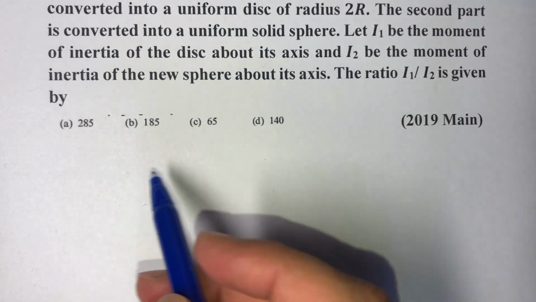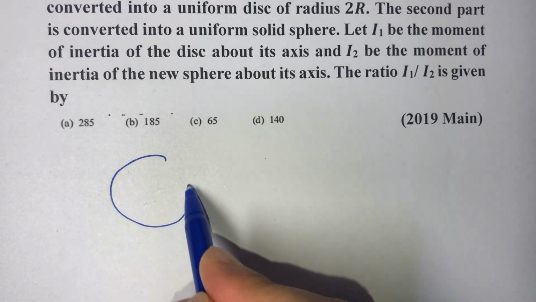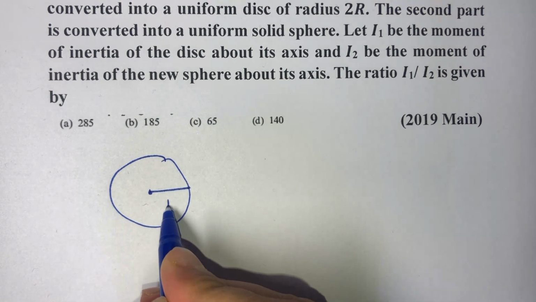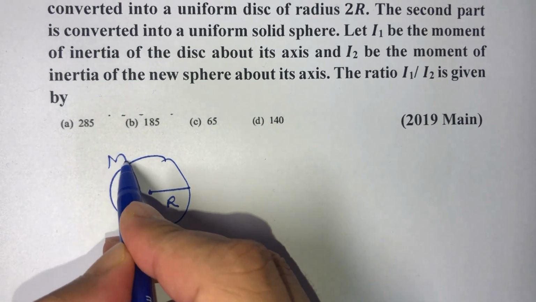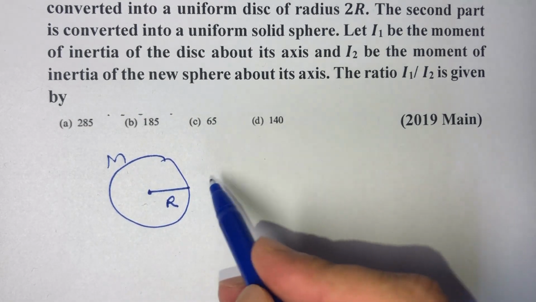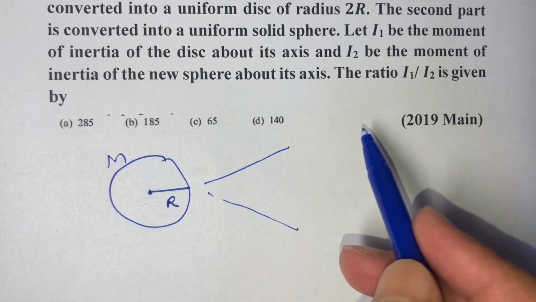So we are given a solid sphere whose mass is m and radius is capital R. It is divided into two parts. The first part is a disk.